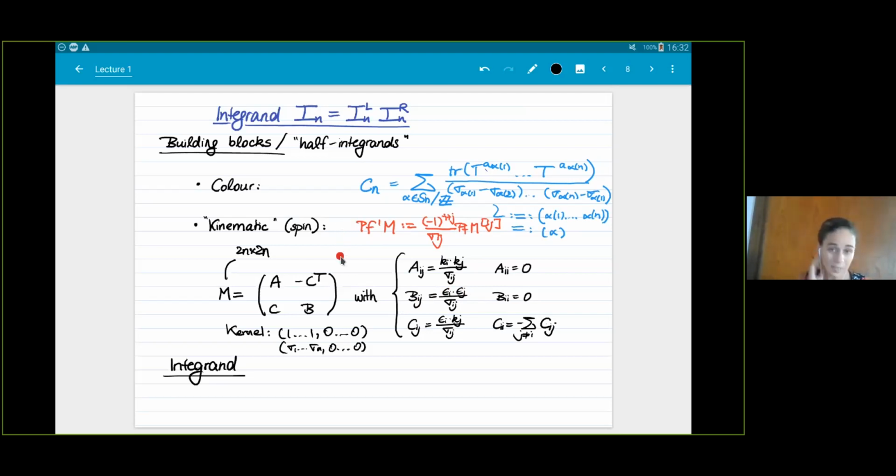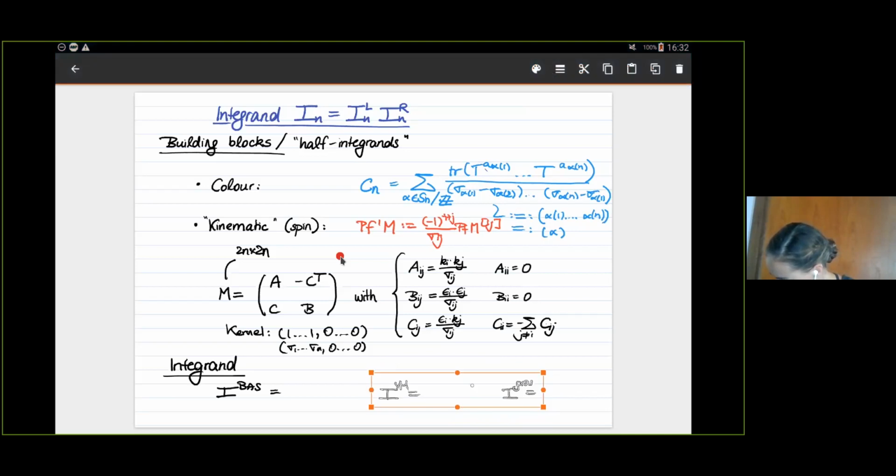Okay, with these ingredients, let me tell you what the integrands are for the bi-adjoint scalar, Yang-Mills, and gravity.